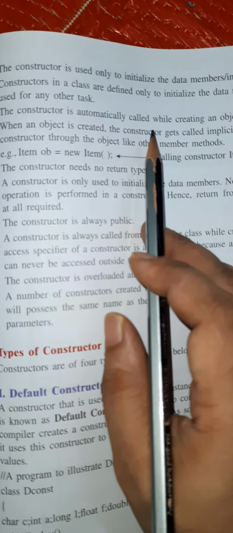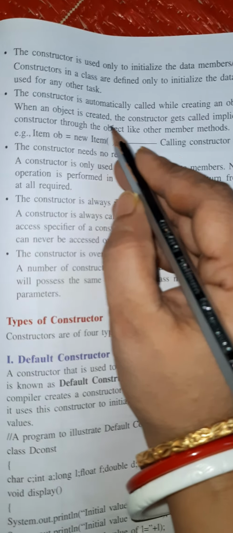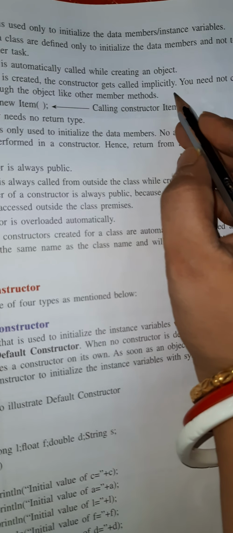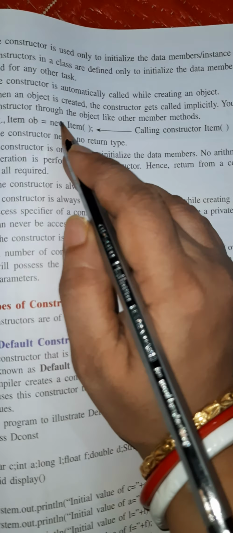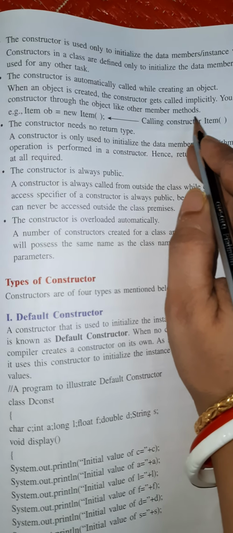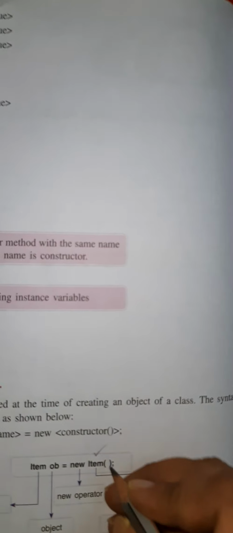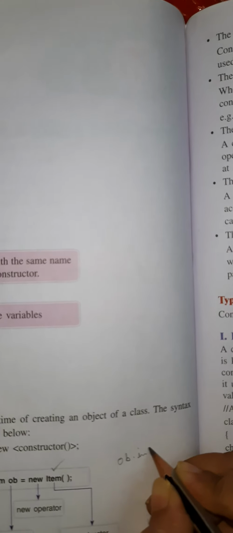The constructor is automatically called while creating an object. So when the class object is created, you see here there is a constructor, and automatically it is called. When the object is created, the constructor gets called implicitly. You need not call a constructor through the object like other member methods. Like I said, for other member methods like input, we call them with ob dot input.